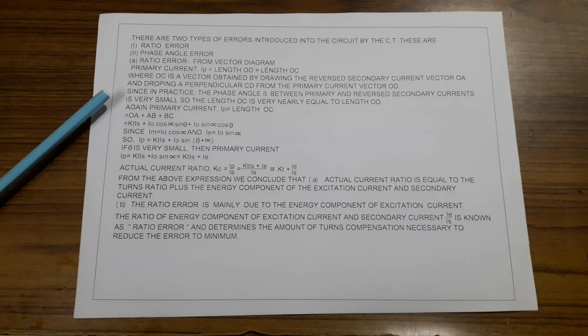Since in practice the phase angle beta between primary and reverse secondary currents is very small, the length of OC is very nearly equal to the length OD.